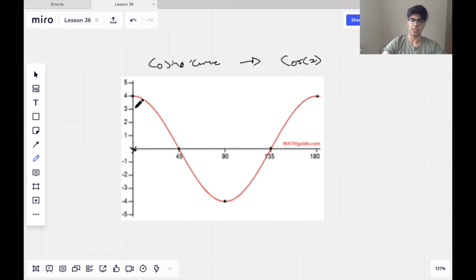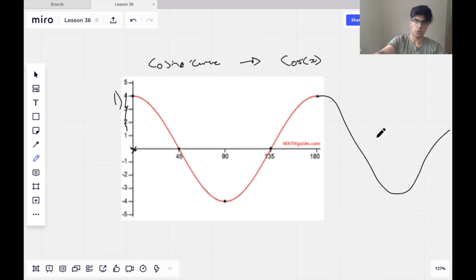What's important is the general shape. When x is 0, the cos curve is a positive number, supposed to be 1. It has the same wave motion, but unlike sine, which starts at 0, 0, cos starts at 0, 1, and then continues.